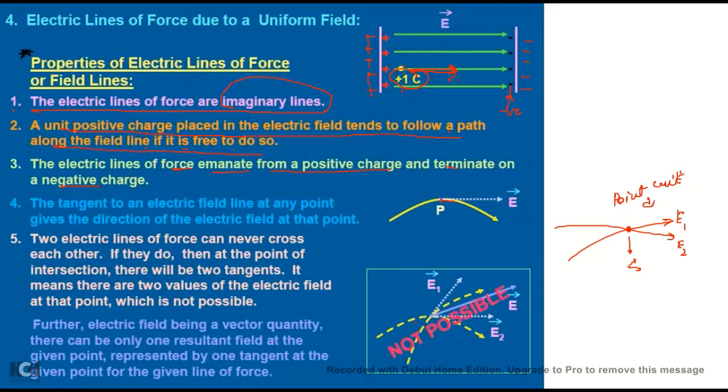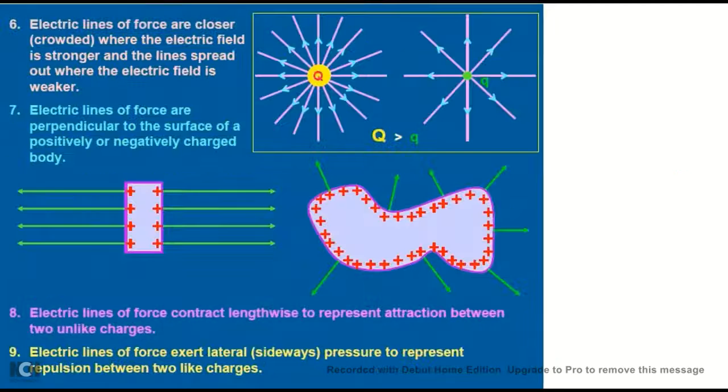Hence they cannot intersect at a general point, right? So if they do intersect, then at the point of intersection there will be two tangents. It means there will be two values of electric field at that point, which is not possible.